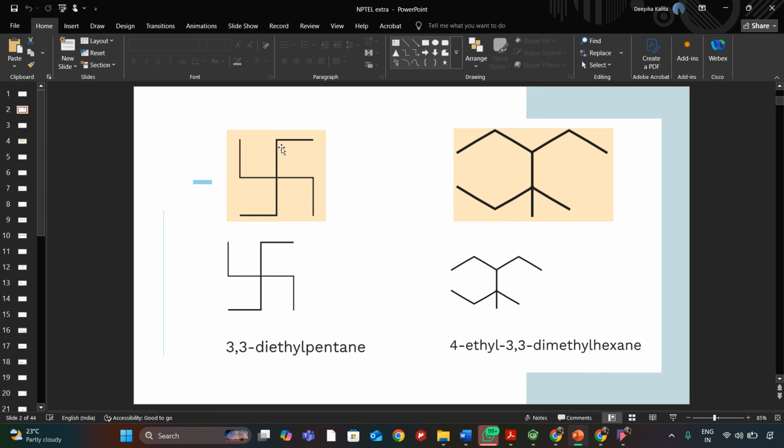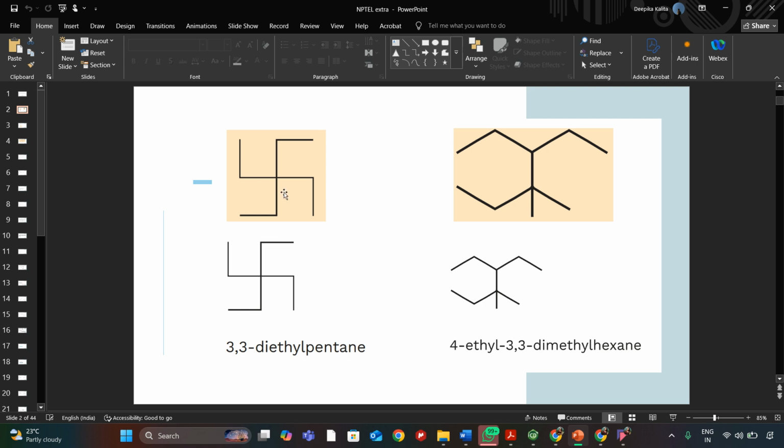For this molecule, we will have to first identify the longest carbon chain. And here, since this molecule is highly symmetric, you can choose any of these handles. So let us choose this handle only. Then we will start with 1, 2, 3, 4, 5. So it will be pentane.